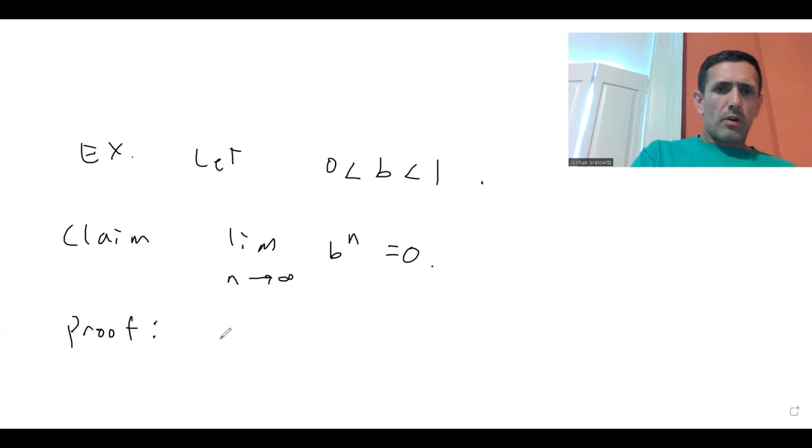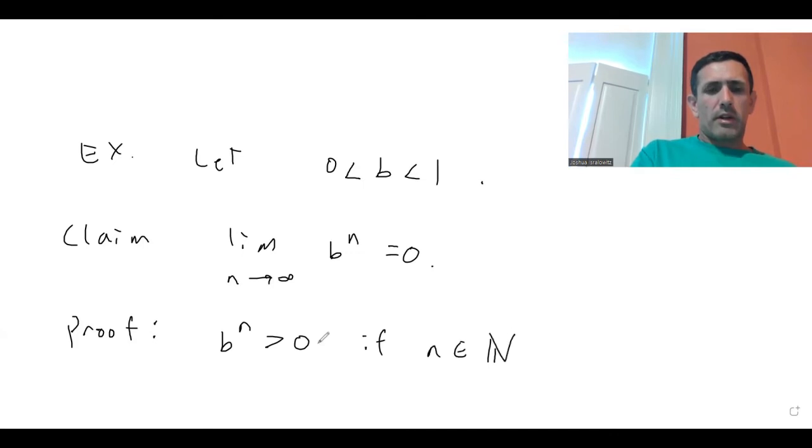First of all, trivially, b^n is positive for all natural numbers n, so 0 is a lower bound.